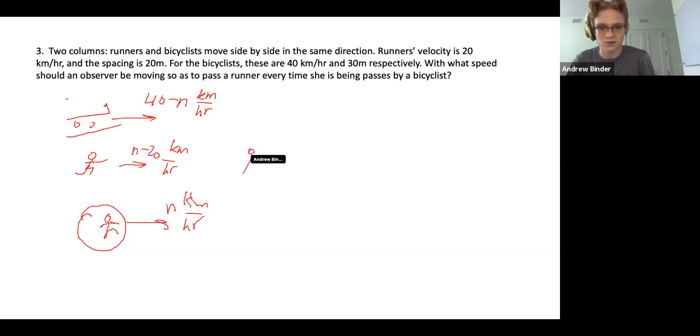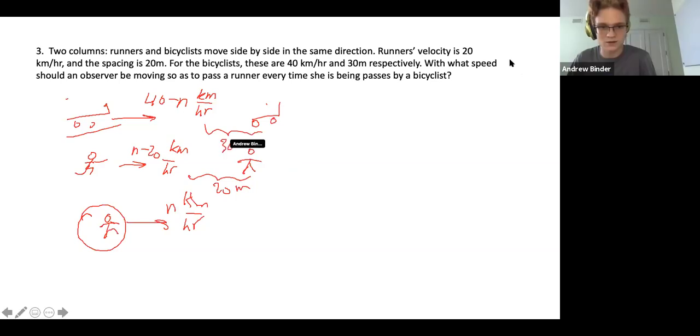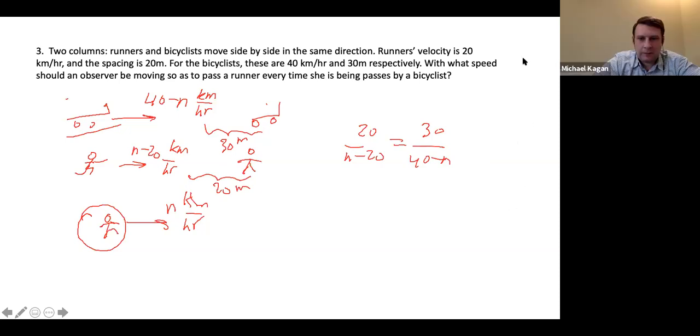So if we have the next person 20 meters away, and here we have the next bike 30 meters away, that sets up a proportion of 20 over n minus 20 equals 30 over 40 minus n. Okay. I hope this makes some sense.